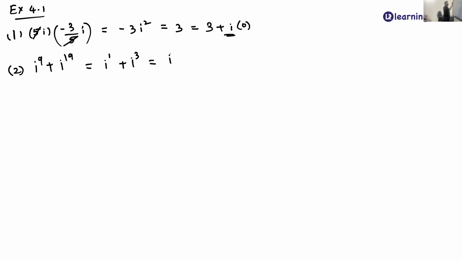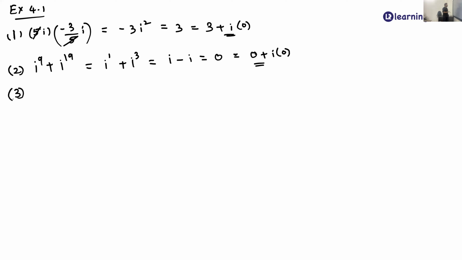So i power 1 is i and i cube is minus i, and i minus i is going to be 0. So how will you express this in the form a plus ib? You can write it as 0 plus i into 0. Clear with this?